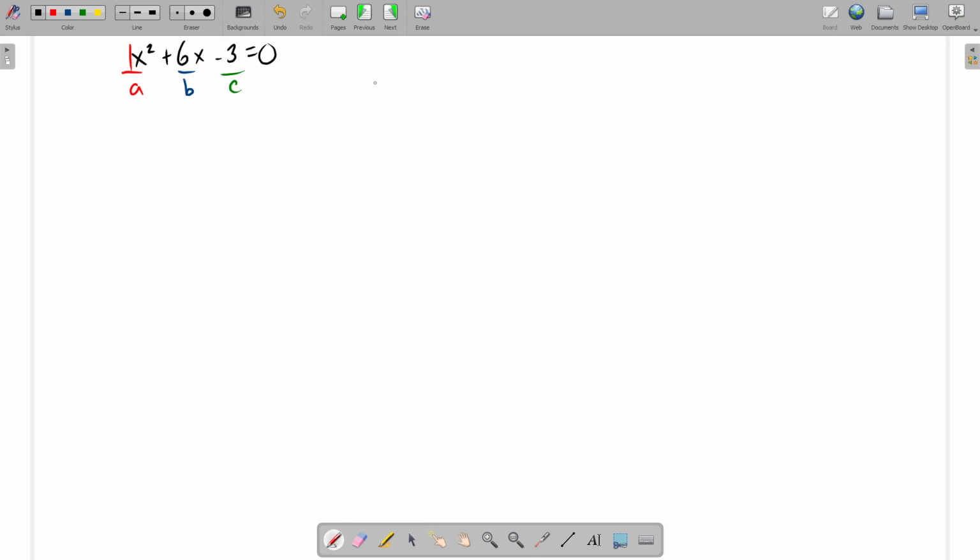Using our quadratic formula of x equals negative b plus or minus the square root of b squared minus 4ac, all divided by 2a.